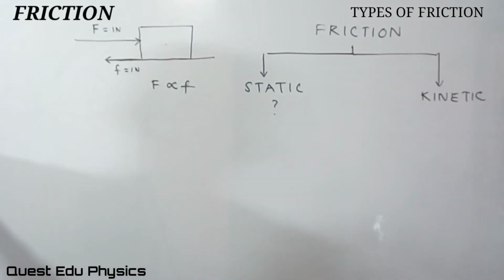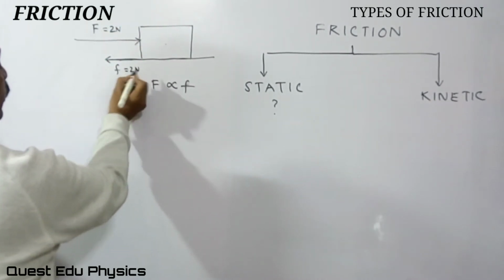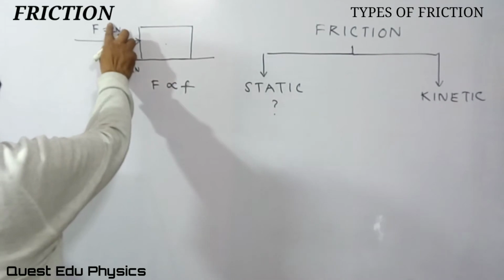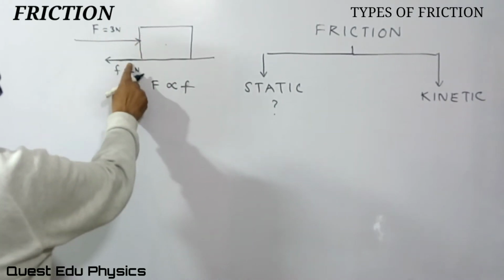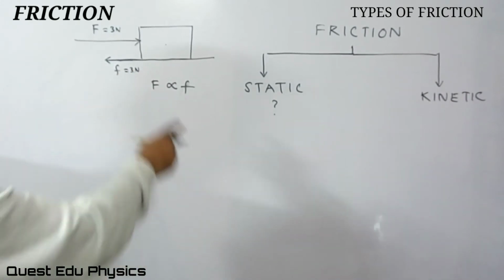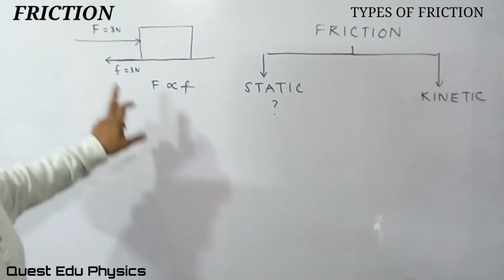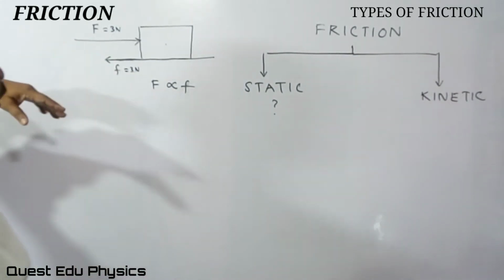Then I change the force to 2 Newton and it turns to be 2 Newton, and if I increase to 3 Newton, it becomes 3. In this way, this force is adjusting by itself. That's why we said frictional force is the self-adjusting force.